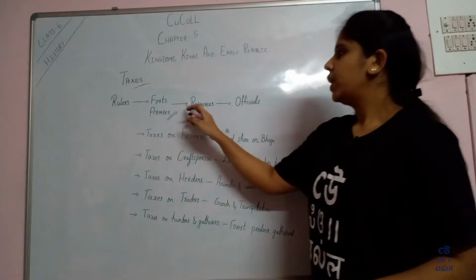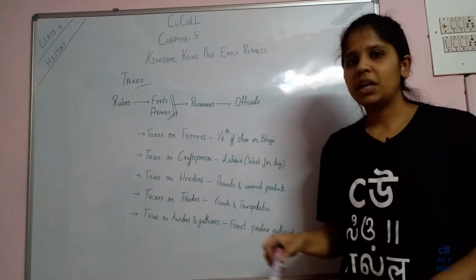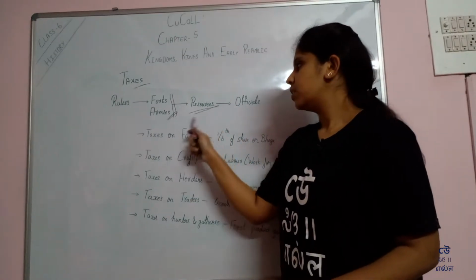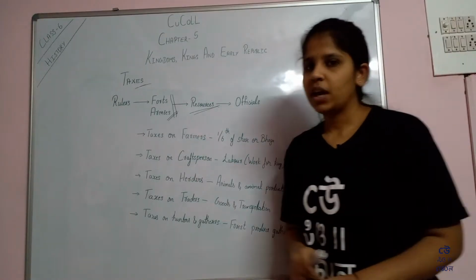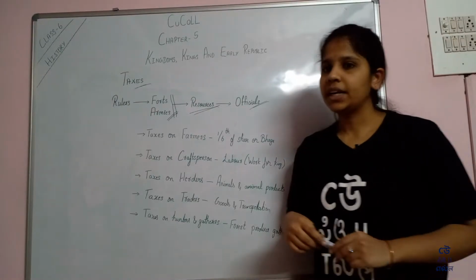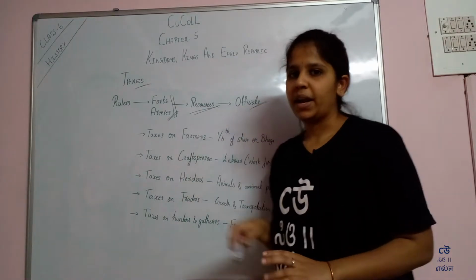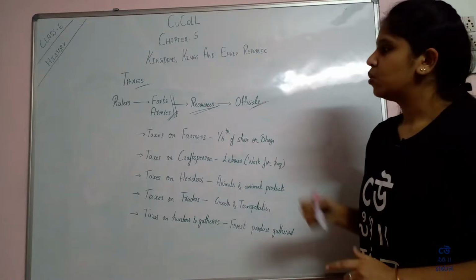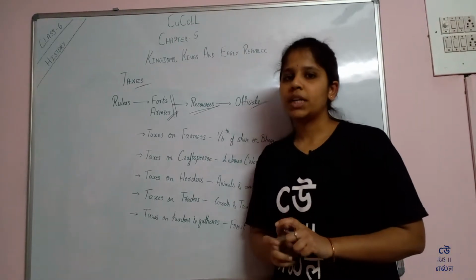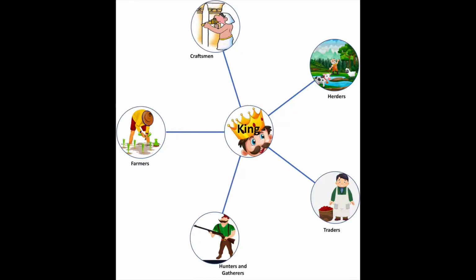So for this, to maintain armies and to build forts, he needed resources, and he needed some officials to collect these resources and for maintenance. So what the ruler did, he introduced taxes.